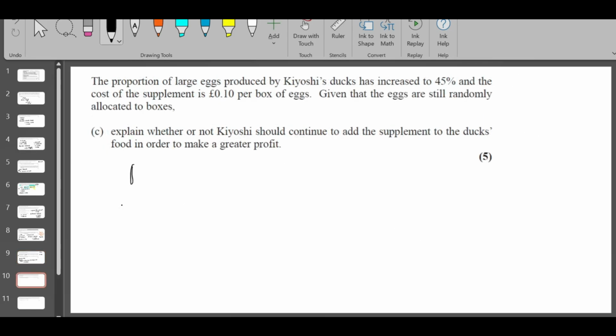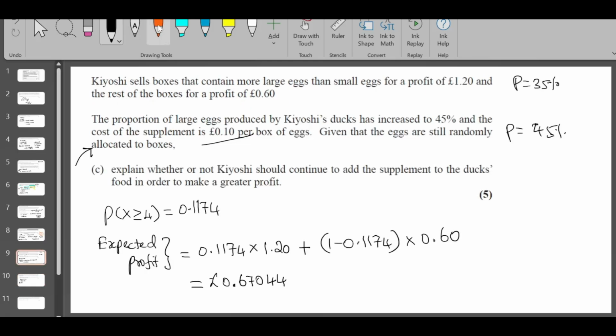Okay, here the probability is 0.45. There are 6 eggs in a box. Let's say L follows a binomial distribution of 6, 0.45. What are we doing if there are more large eggs than small eggs? What would be the probability here? Because in the previous scenario we used this probability because it says the boxes contain more large eggs than small eggs, right?